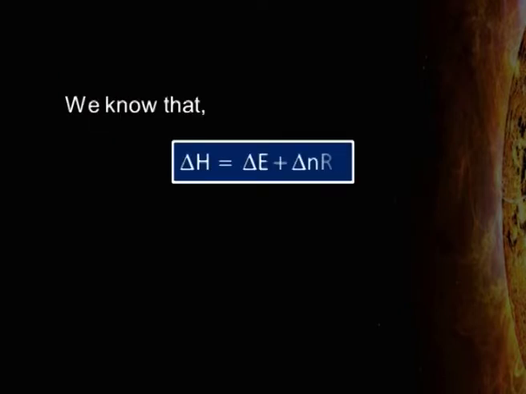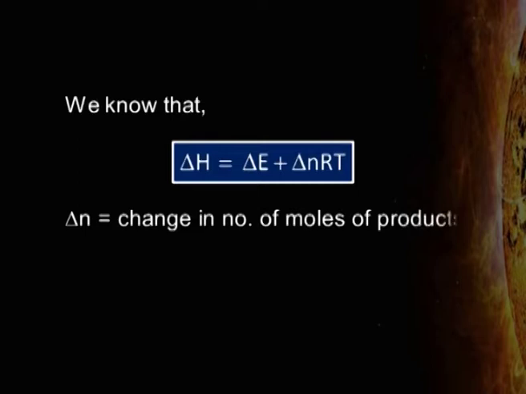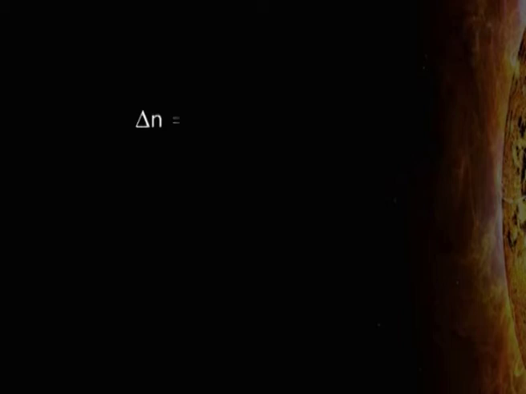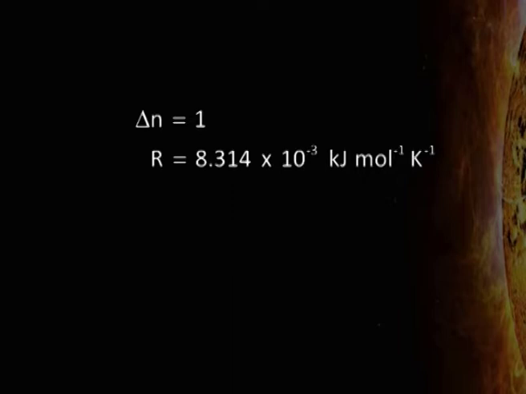As you know that delta H is equal to delta E plus delta N RT, where delta N is the change in number of moles, that is delta N is number of moles of products in gaseous form minus number of moles of reactants in gaseous form. Here delta N is equal to 1 and R is equal to 8.314 into 10 to the power minus 3 kilojoule per mole per Kelvin.